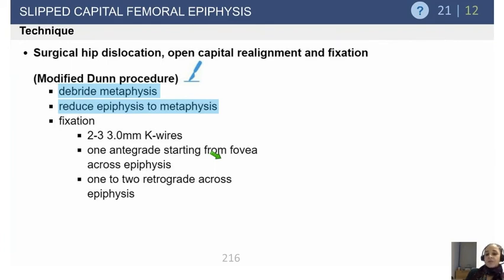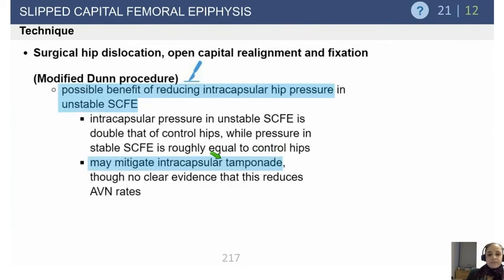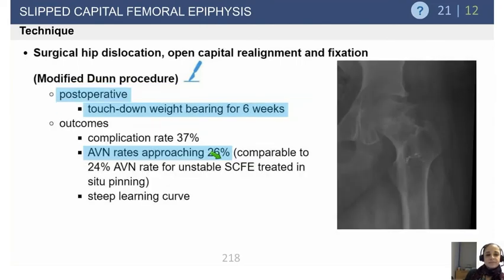You can use K-wires, fully threaded K-wires, if you want. One of the possible benefits here is that it could reduce your intracapsular hip pressure and can decrease your intracapsular tamponade. I do touchdown weight bearing for 6 weeks.